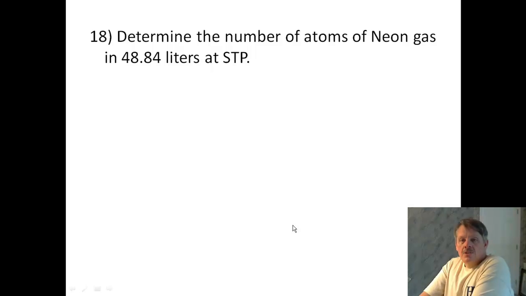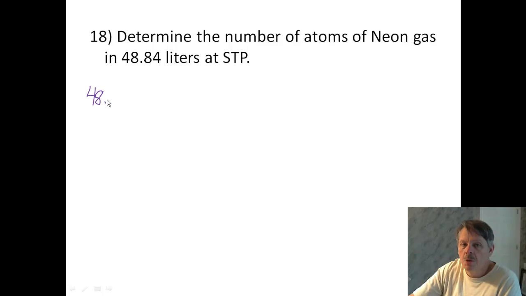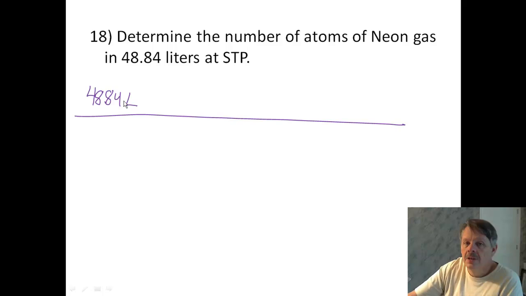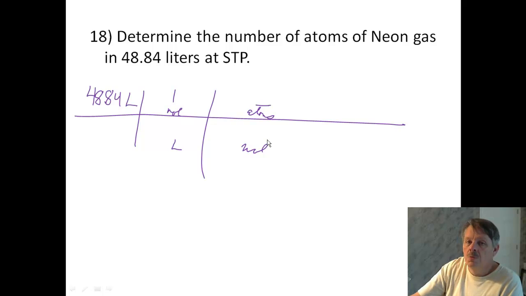Okay, last 3 problems. Determine the number of atoms of neon gas in 48 liters. All right, well, we don't have grams to worry about, so we can immediately start the problem. 48.84 liters. And we want to go from liters. What are we going to go to? We're going to get rid of liters, go to moles. Then we get rid of moles, and we go to atoms. Well, our moles are always 1. Our liters are 22.4 because we're at standard temperature and pressure.